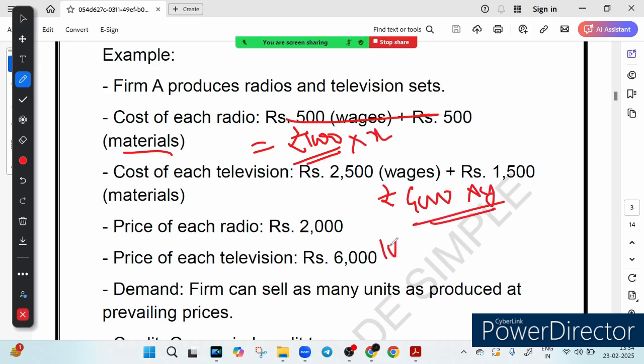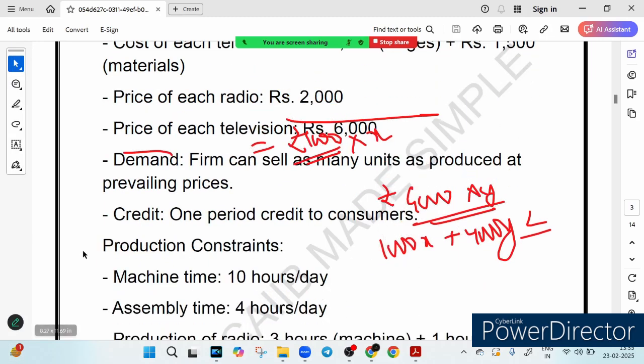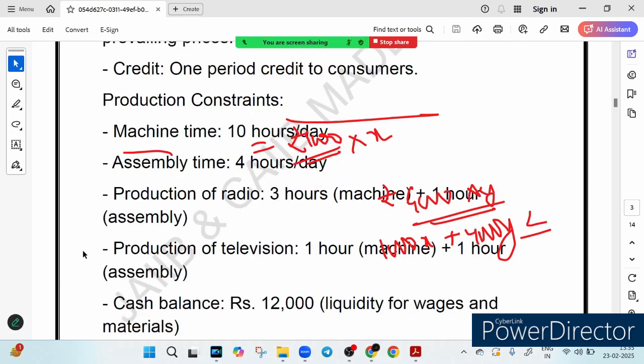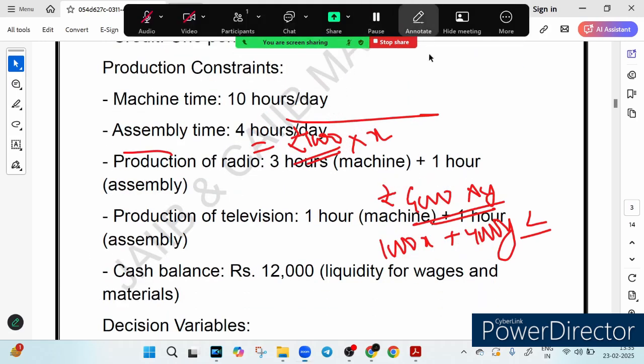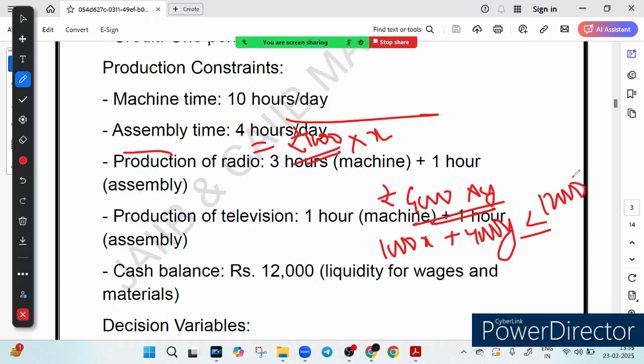So 1,000x plus 4,000y should be less than or equal to the total cash balance, 12,000. If we simplify, the 1,000 gets cancelled, so x plus 4y should be less than or equal to 12. This is our financial constraint.